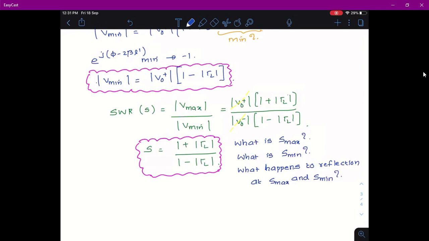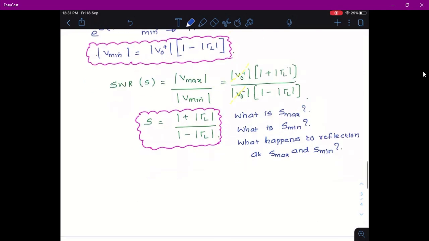You can look at it yourself. We will explain this in the class. Okay. So, this is the standing wave ratio.